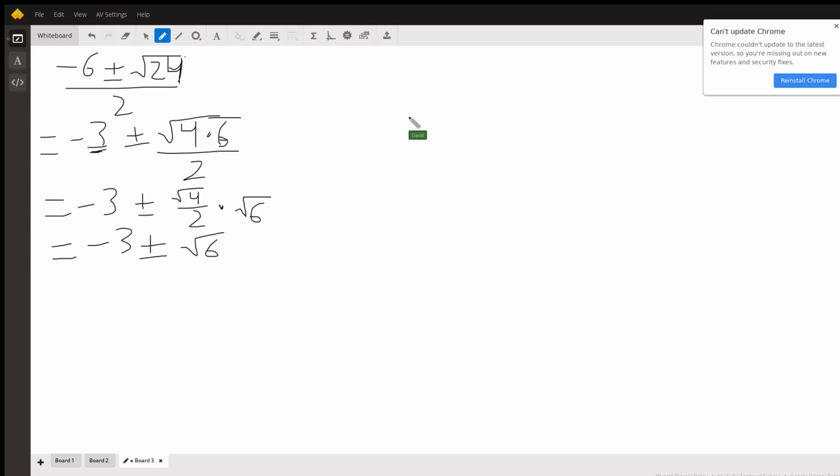Why? Not just because I want to show off my multiplication facts, but because there is a way to rewrite some square roots in terms of other square roots. And the way is that whenever an integer has a factor that is a perfect square, like 4, which is 2 squared. 6 is not a perfect square, right? 24 is not a perfect square, but 4 is.